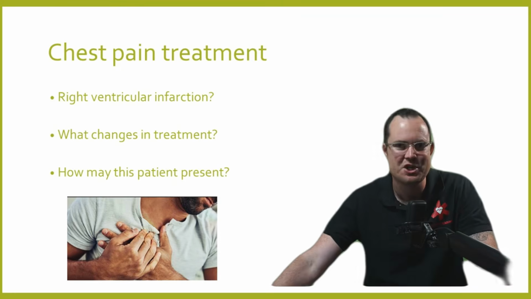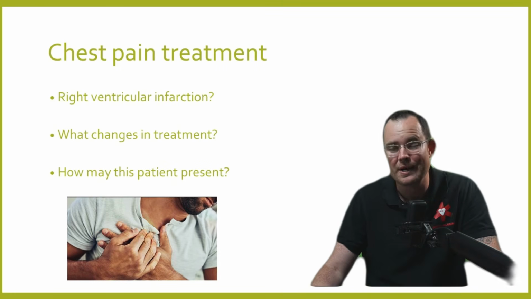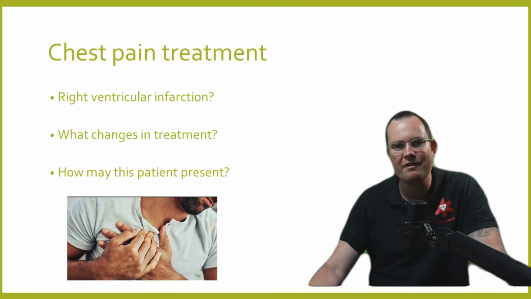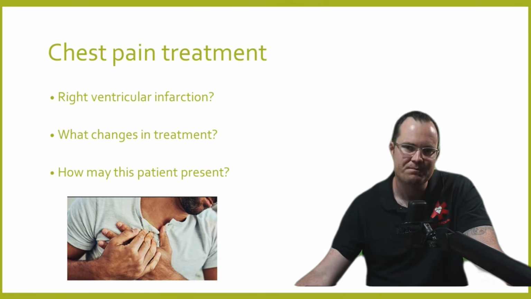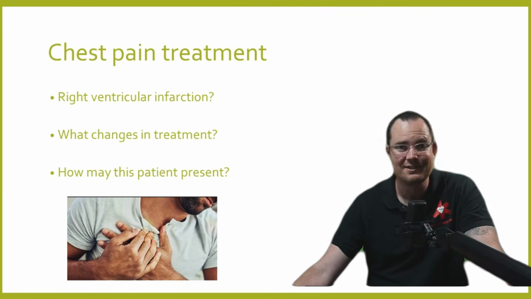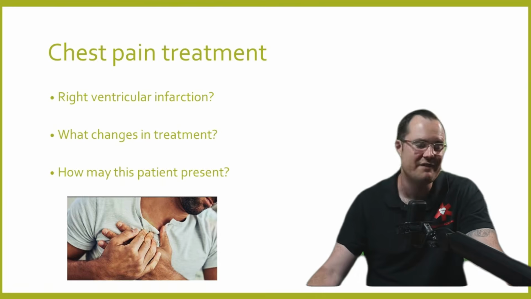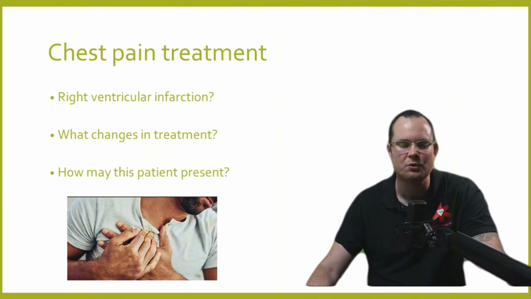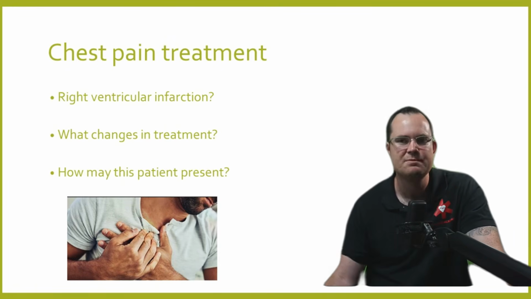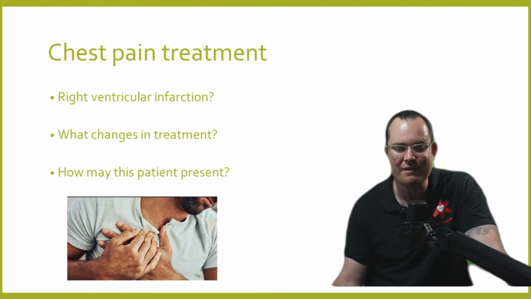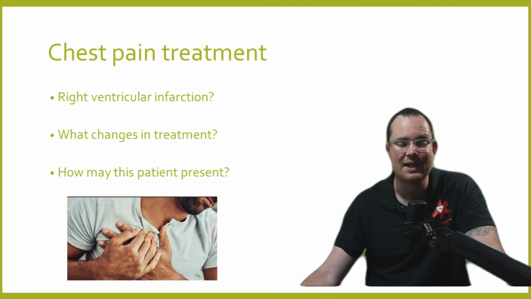Typically, just because you have somebody with chest pain doesn't mean they're going to have a low blood pressure. But if you do have a patient that has a low blood pressure and your patient looks not good, right? They look very pale, mottled, whatever the case might be. These patients that have right ventricular infarction, they present like that.